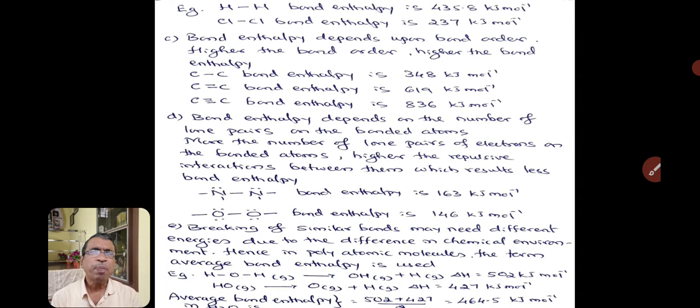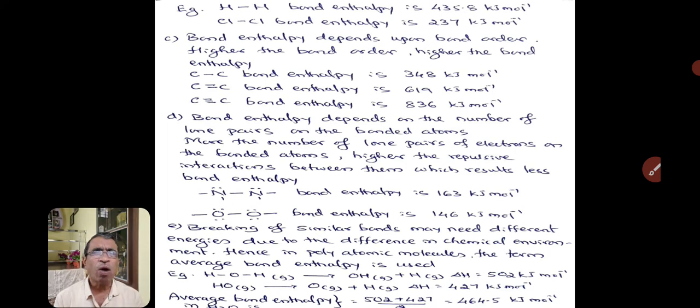Bond enthalpy depends on the number of lone pairs on the bonded atoms. The more lone pairs of electrons on the bonded atoms, the higher the repulsive interactions between them, which results in less bond enthalpy. If I take a nitrogen attached to other atoms where 2 lone pairs of electrons are there, in this case the bond enthalpy is 163 kilojoules per mole.